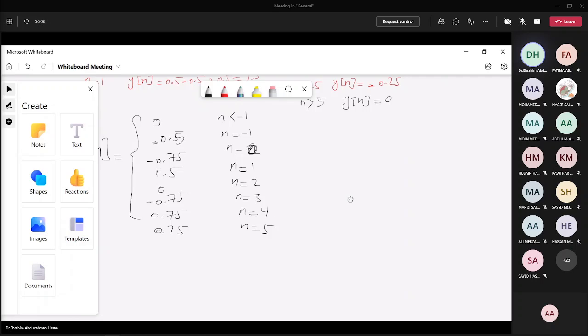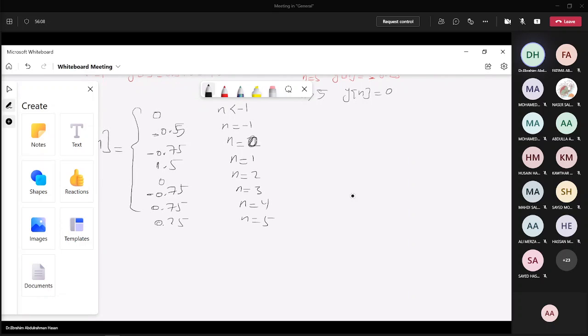And n greater than or equal to 6, then it is equal to 0.